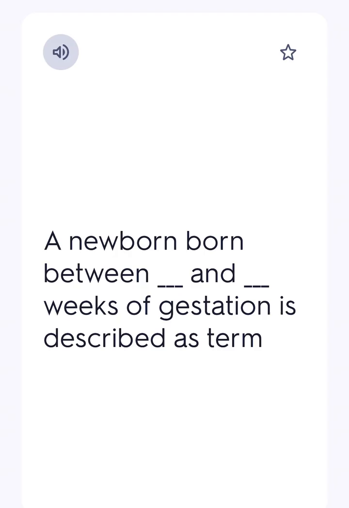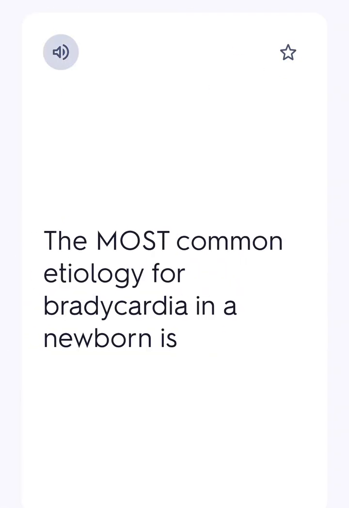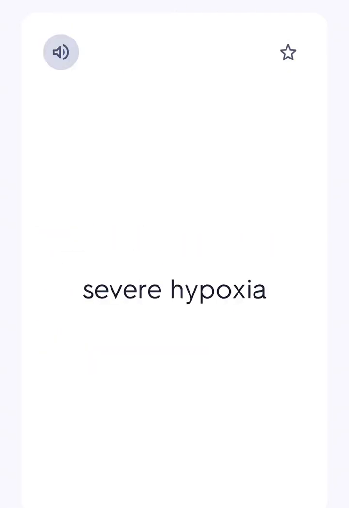A newborn born between blank and blank weeks of gestation is described as term. 38, 42. The most common etiology for bradycardia in a newborn is severe hypoxia.